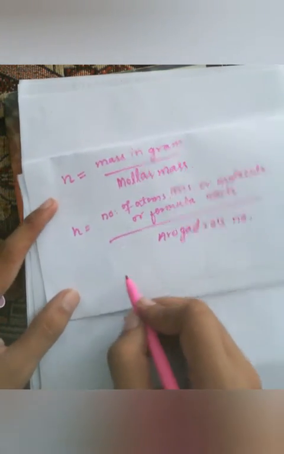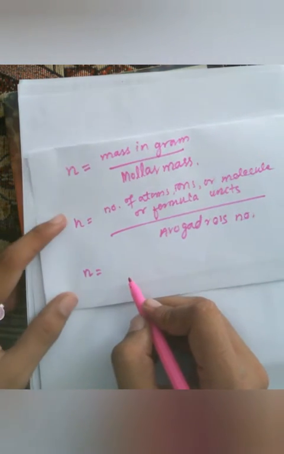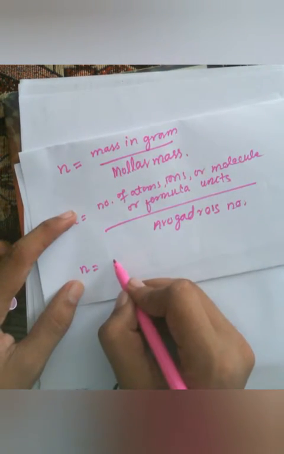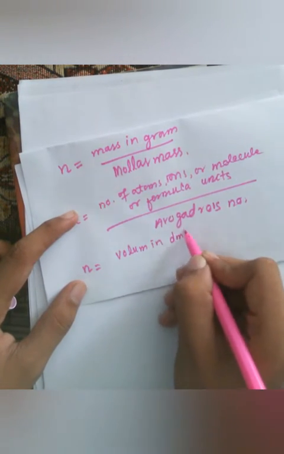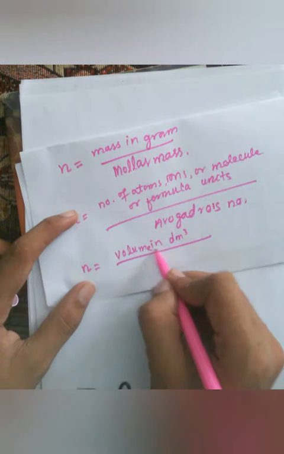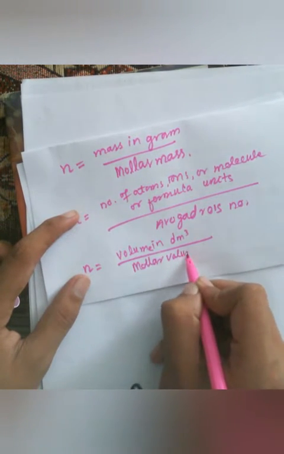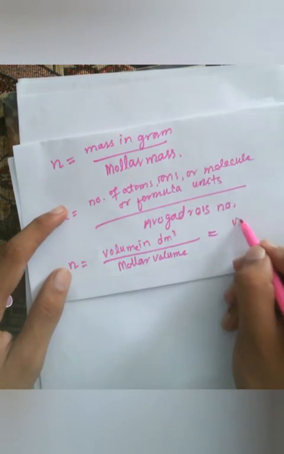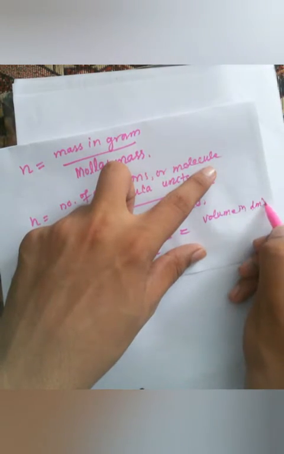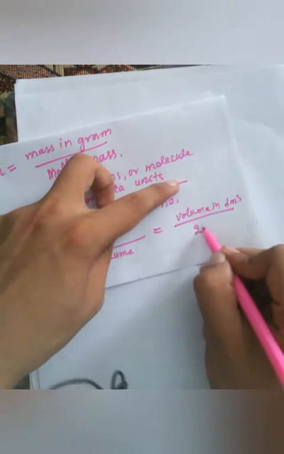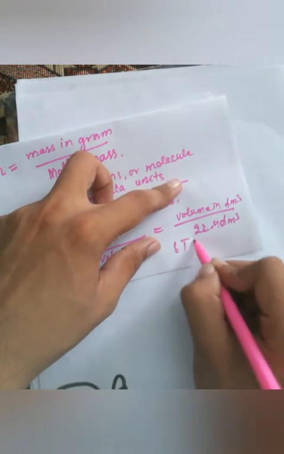And similarly, another formula for volume-related questions is: number of moles is equal to volume in cubic decimeter, dm^3, divided by molar volume, and that molar volume is 22.4 dm^3 at standard temperature and pressure.